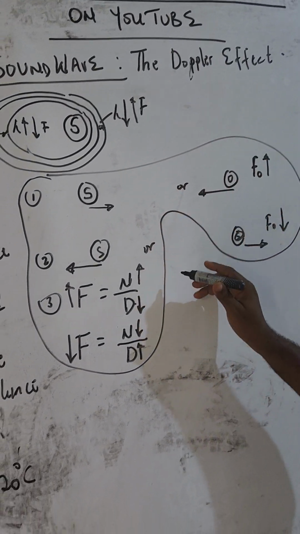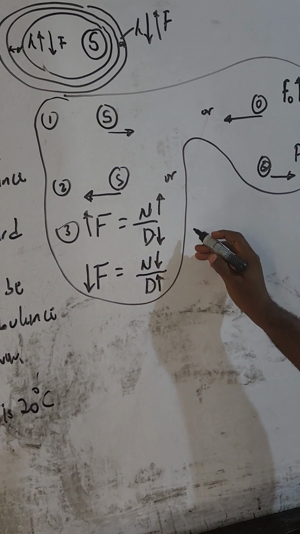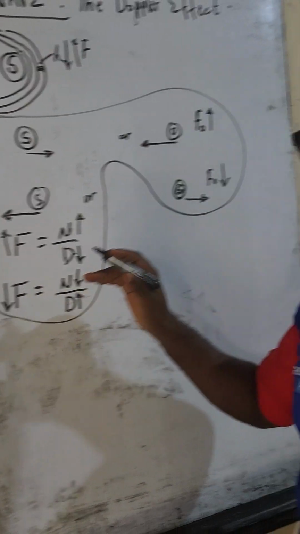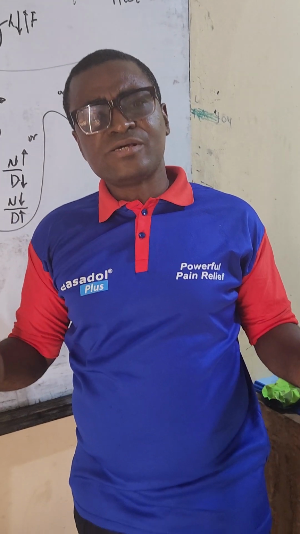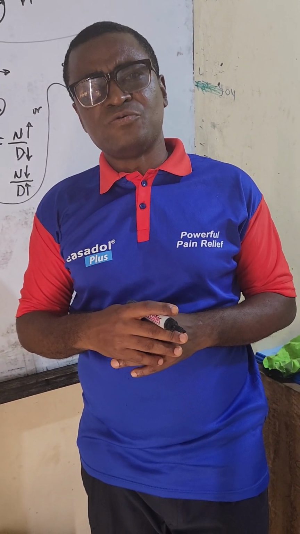Now, another thing I want us to also take note of is the relationship between the frequency of the observer and the frequency of the source of the wave.